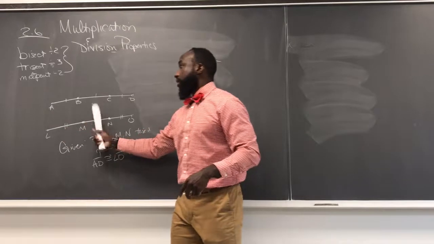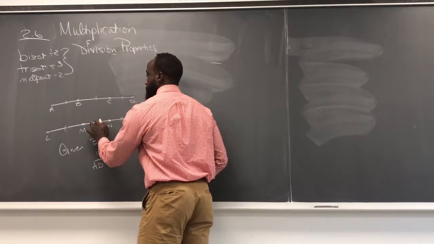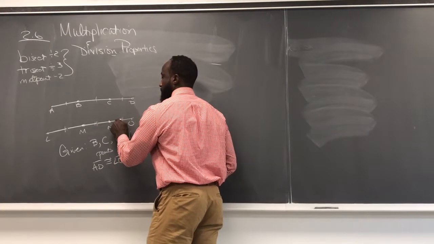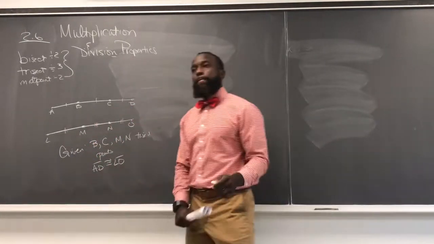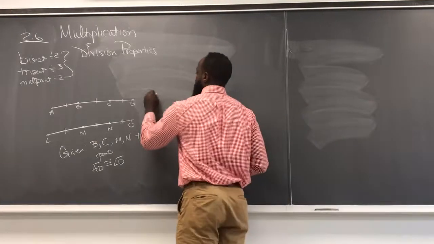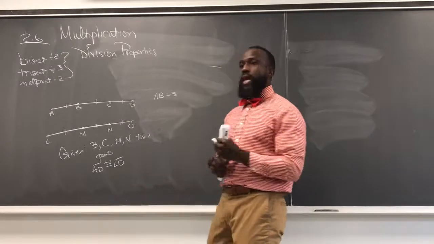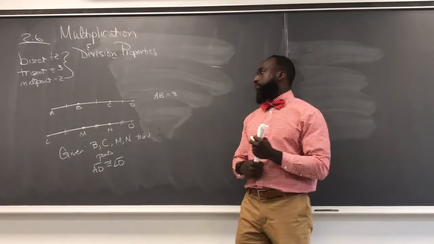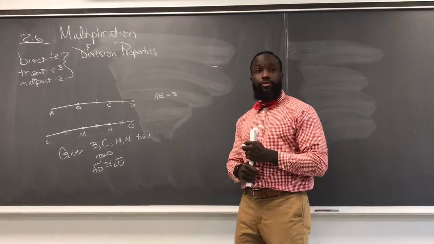Now, because this whole segment is congruent to that whole segment, these markers need to be the same, right? Because they're the same length. Y'all follow me? What if they said AB equals 3? Would that mean all segments equal 3? Everybody else equals 3 as well.